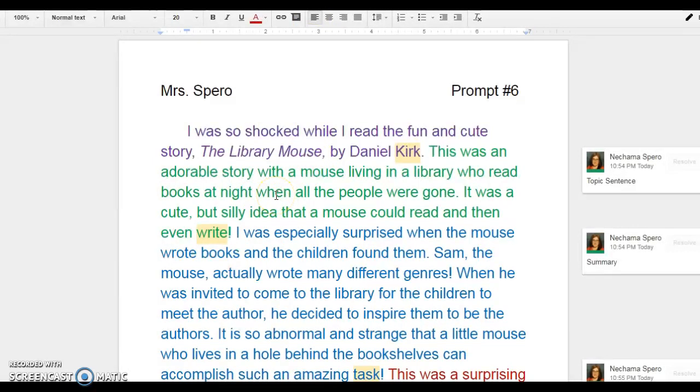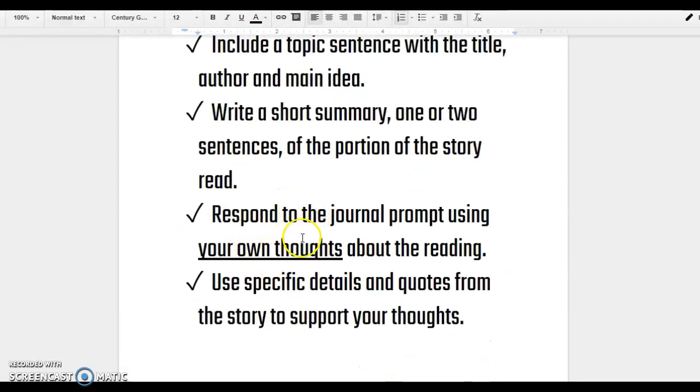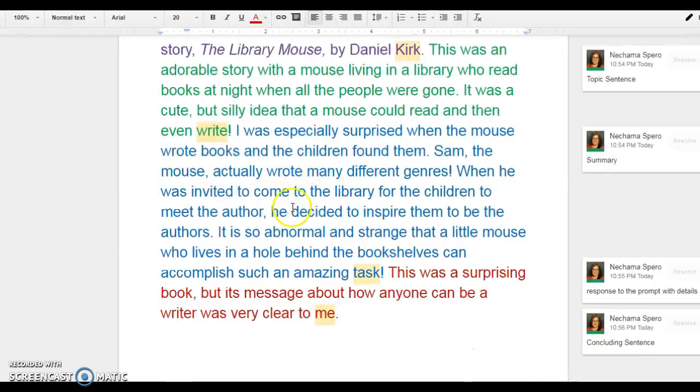Discussed there was a mouse living in the library who read and wrote books. We respond to the journal with our own thoughts about the reading, using specific details. Again, quotes will come later. That's all the blue. And then we threw in the red concluding sentence, which really should be included even if it's not specified here as a requirement.